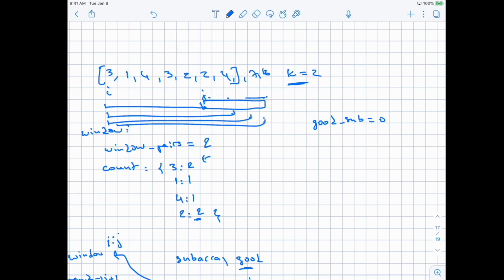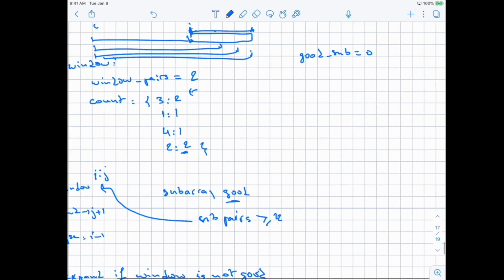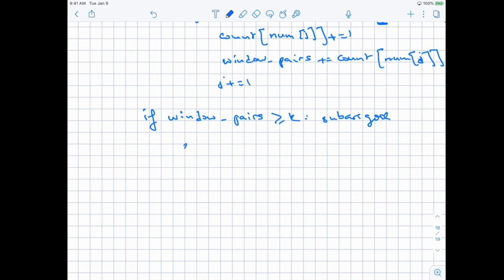And what is this here? This is position J, and this is N. So what is the number of these? This is just N minus J plus 1. So this means that the overall window good subarrays count, which we initialize to 0, we need to increment by N, the length of the array, minus J plus 1, right?